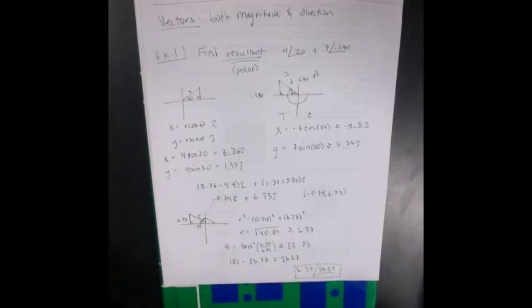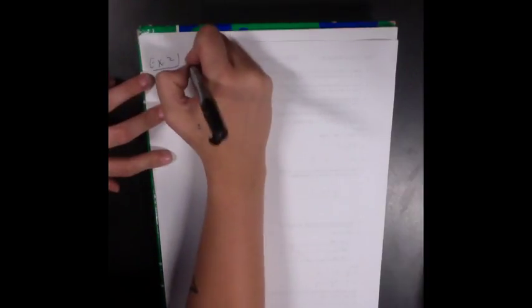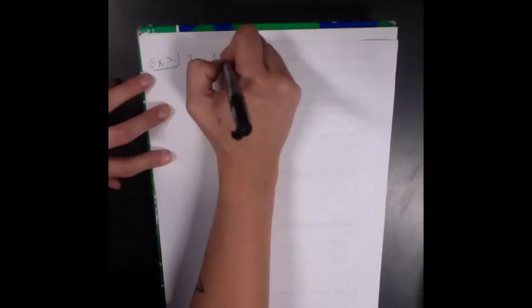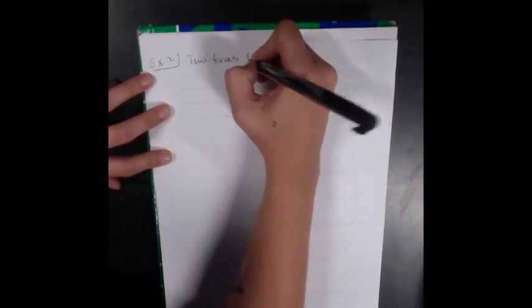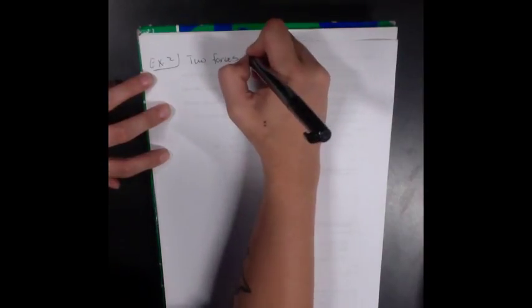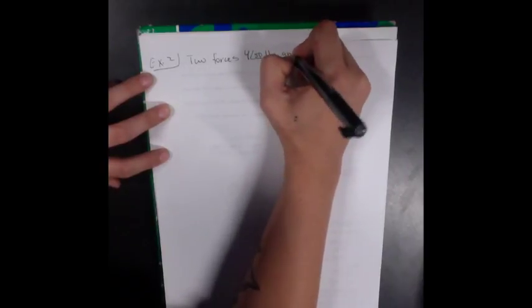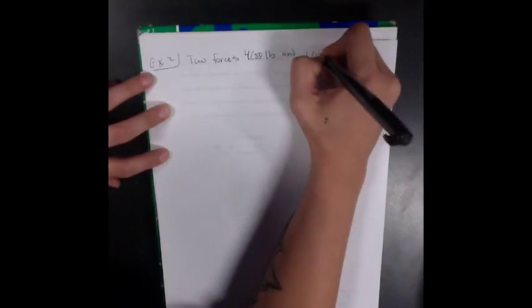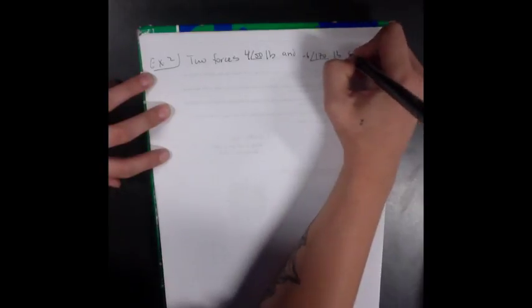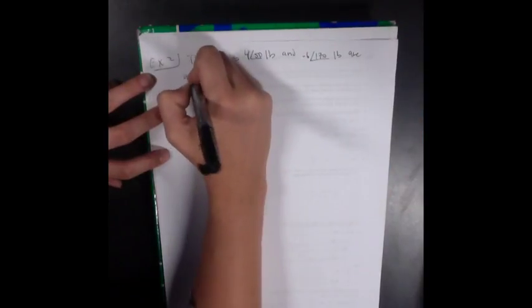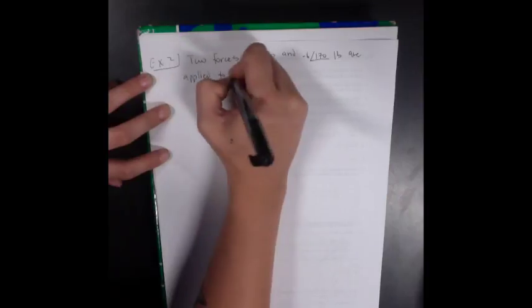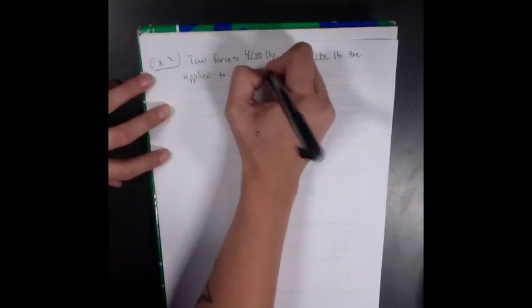All right, now the other way we're going to see these problems is as word problems. So, two forces, a 4 50-pound and a negative 6 170-pound force are applied to an object.